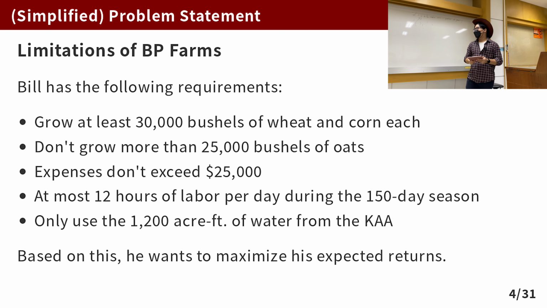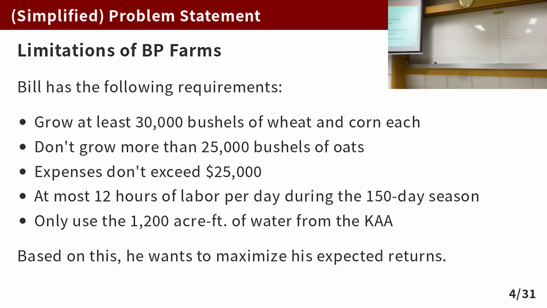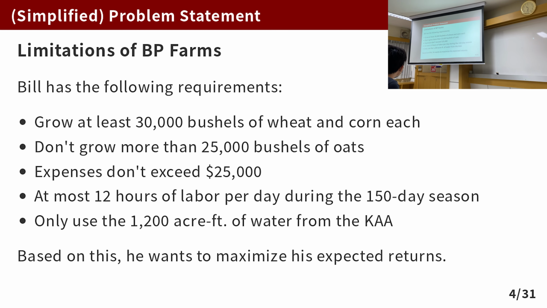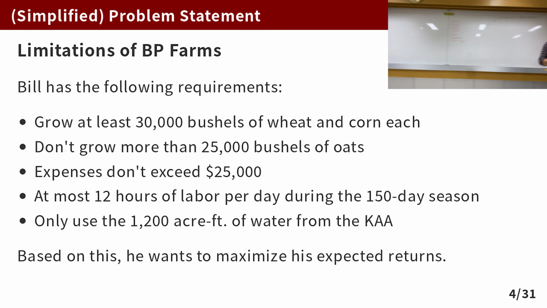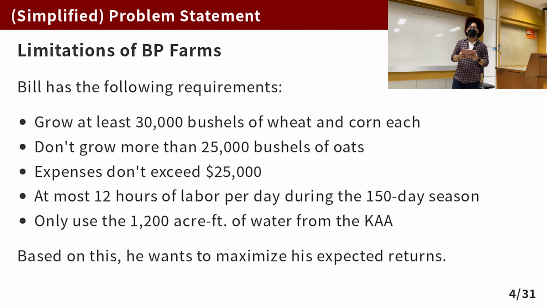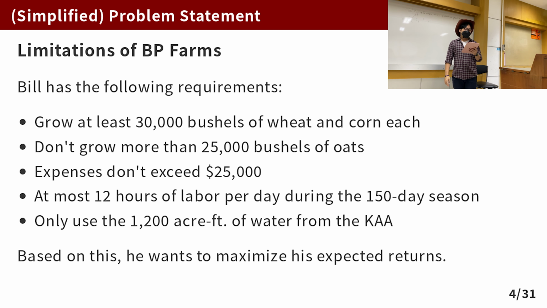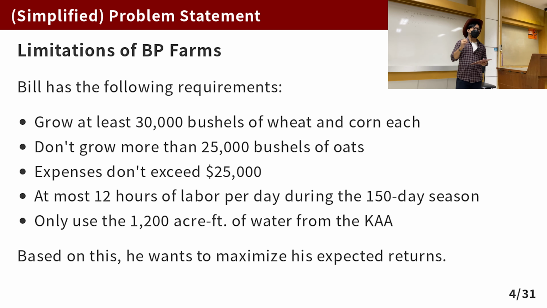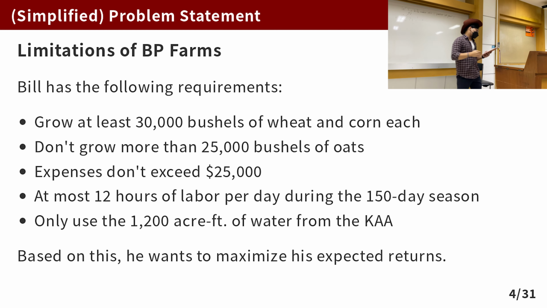But at that point, he might as well just go work for Elon Musk or something. 12 hours, I mean, it's just same. Anyway, and in the end, because Bill is also very stingy, he's going to only use the water provided to him by the KAA, or the Kansas Agriculture Authority. And based on this, he wants to maximize his expected return or his profit.